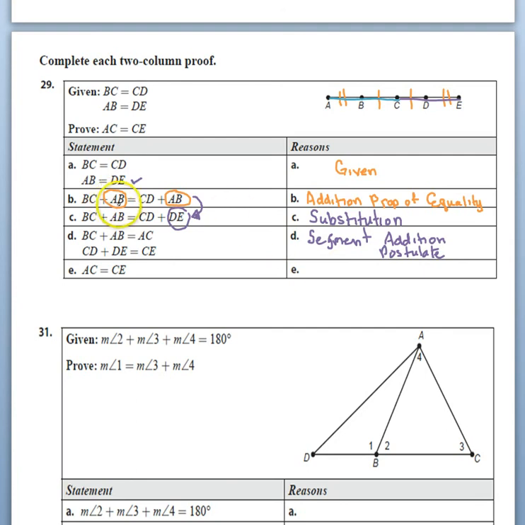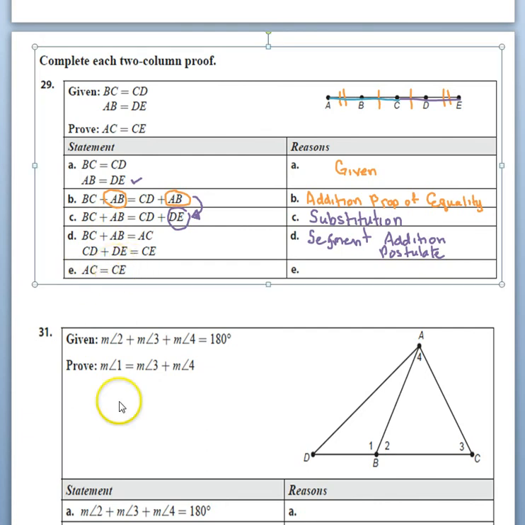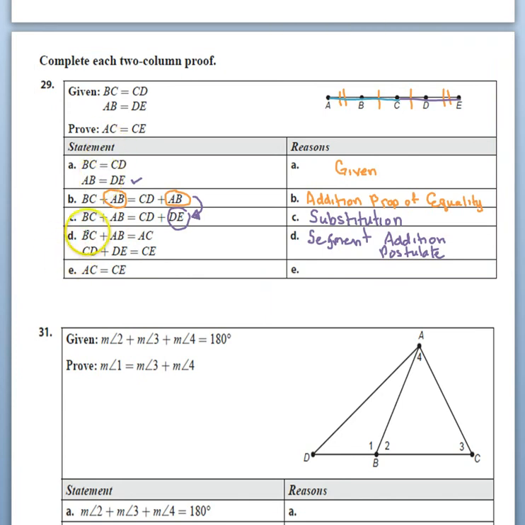So what we want to do is figure out how did we arrive here? How are we able to arrive here? Okay. So if you look carefully, let me grab a different color here. If we look at statement C and statement D, we're going to need to look at both of these. Look at BC plus AB. That occurs in both of those statements. Okay? And then, let me grab a different color.